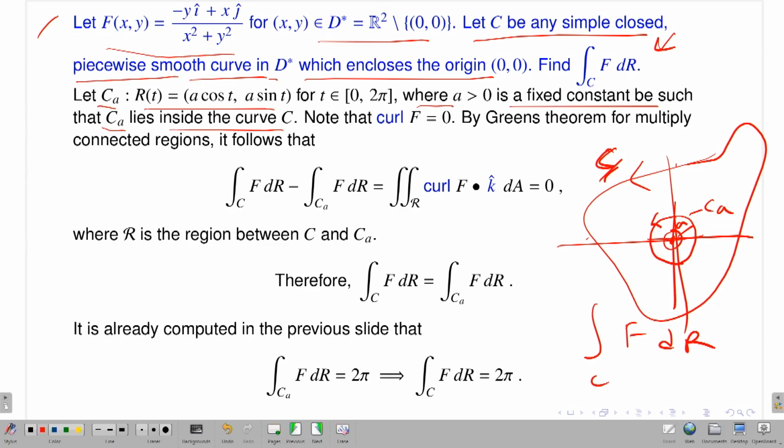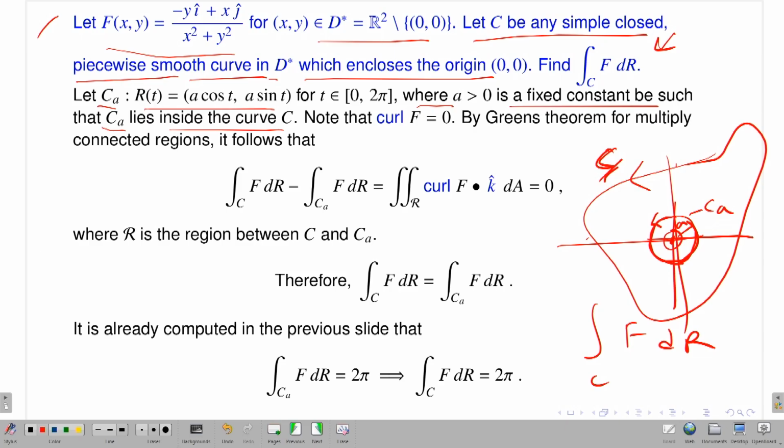Now I can do that, because whatever simple closed, piecewise smooth curve with some orientation encloses my origin, I can always have a small circle of some radius A inside it. So this is my C. Similarly, for another simple closed piecewise smooth curve enclosing the origin, I can also take a very small circle centered at 0 with radius A. That is always possible.